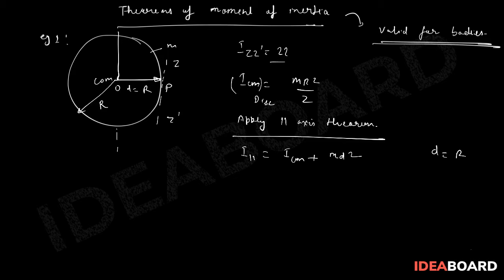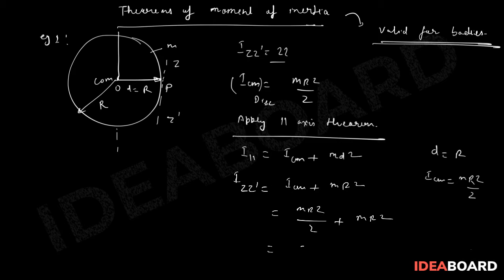So here d is equal to r, ICM is equal to mr square by 2. Okay, so I parallel is nothing else our desired result IZZ dash, which is simply ICM plus m into r square. If you substitute the values, mr square by 2 plus mr square, so this is 3 by 2 mr square. Pretty simple and easy by using the parallel axis theorem.